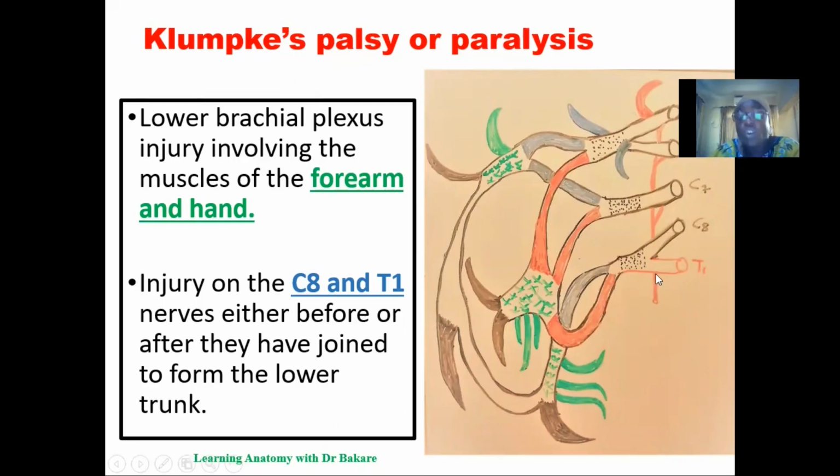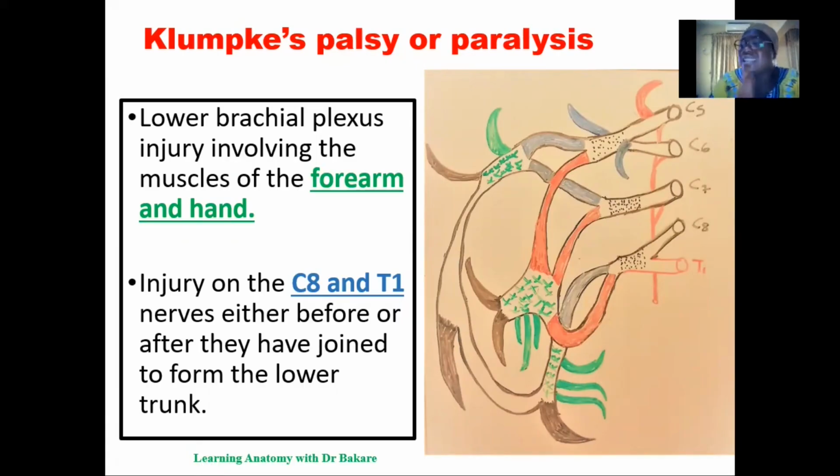And this occurs when there's injury specifically to the 8th cervical nerve and also the 1st thoracic nerve. So when there's injury to these two nerves, either before they unite to form the inferior trunk or after they unite to form the inferior trunk, it is going to result in the paralysis of the forearm or the hand region. This, of course, can occur during childbirth, during the pulling process.